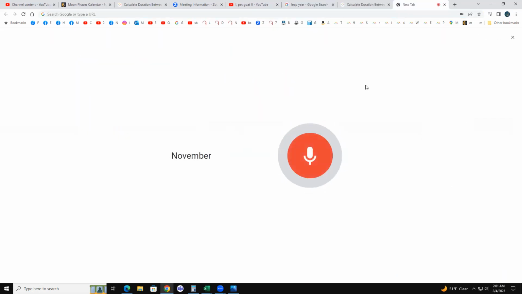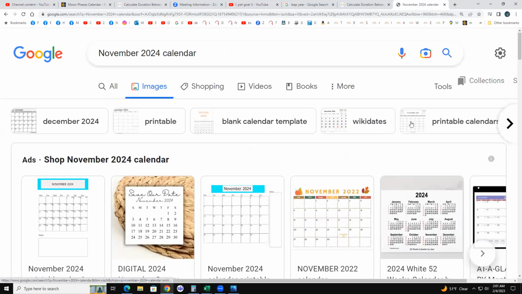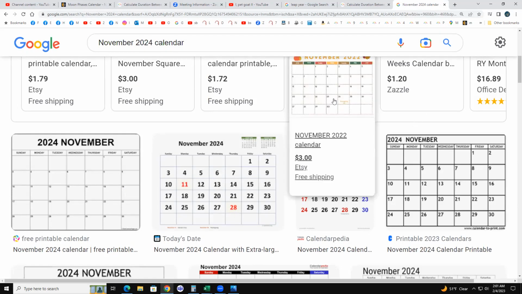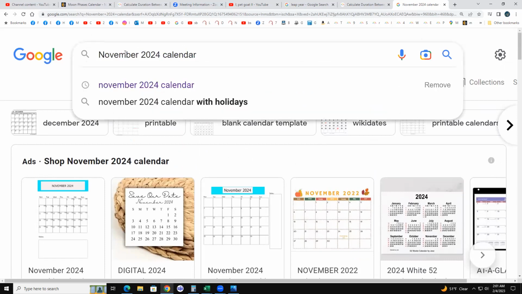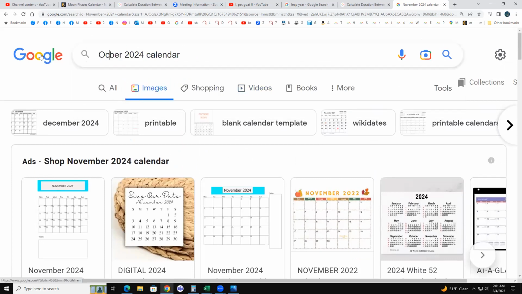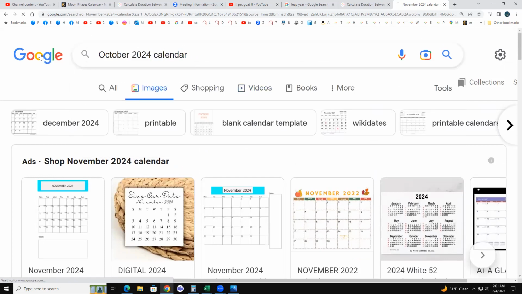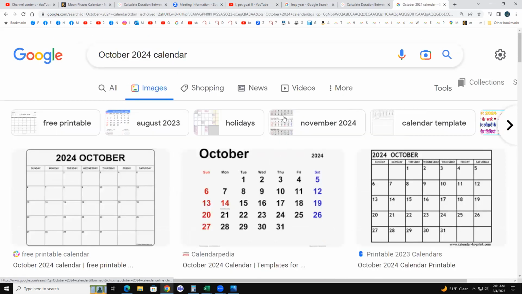November 2024 calendar. It's not the same overlay. Nope.